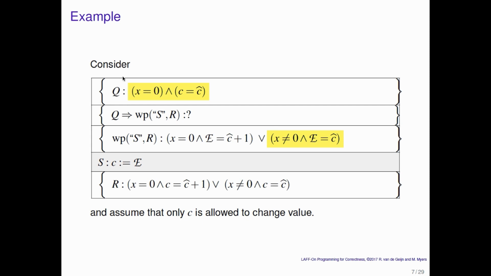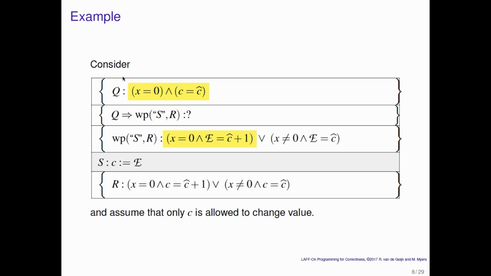So that part we are going to ignore, and instead we're going to look at this part of the disjunction. If we can now choose our expression e such that what we have highlighted here in yellow is exactly the same as Q, then by weakening and strengthening we know that Q implies the weakest precondition.